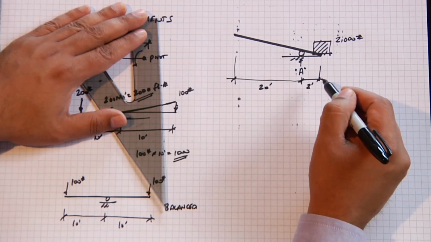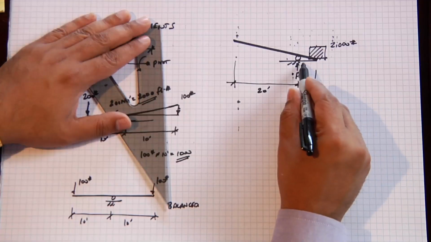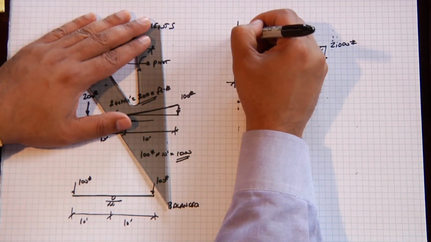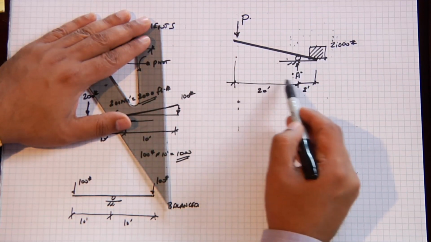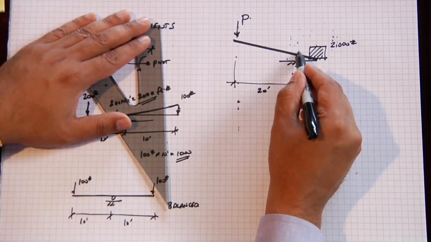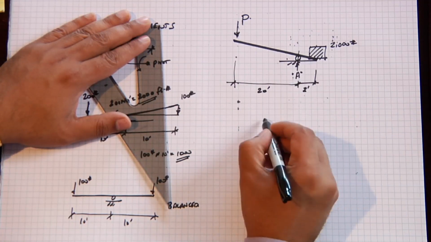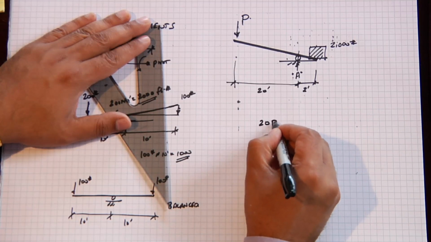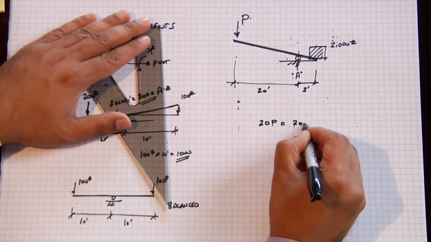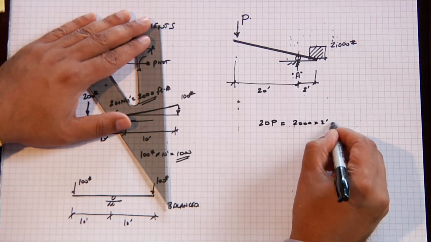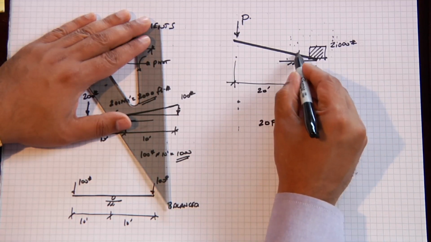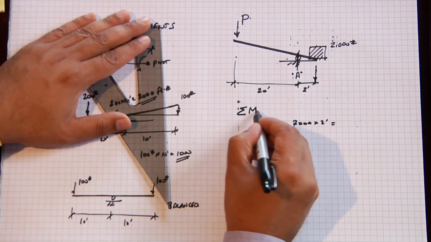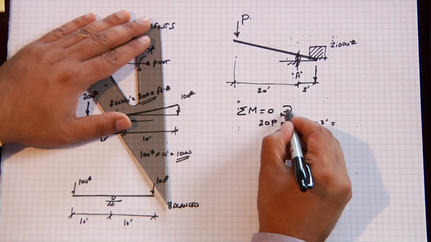And here's where you can see the concept of bending moment, or what we call leverage, becomes very important. If I apply a load over here, because of the distance between here and the pivot point, and I sum the moments about point A, my moment is 20 times P, which is equal to 2,000 times 2. Because this is the moment applied from the weight, summing about point A, the sum of the moments equals 0.